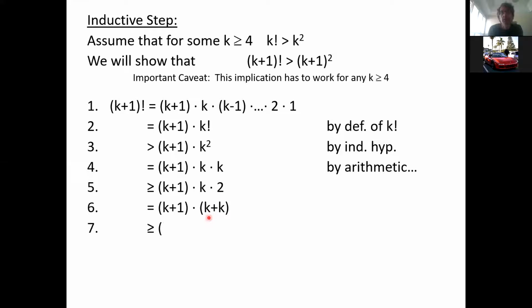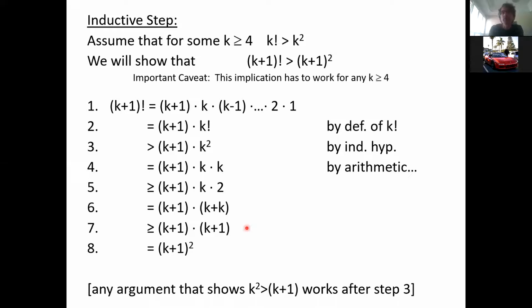And of course, k plus k is greater or equal than k plus 1, because k is greater or equal to 1, because k is greater or equal to 4. So if k is at least 4, then it's at least 1, just like we used here that k is at least 2. Yes? If k is at least 4, then it's at least 3, and it's also at least 2, and at least 1, and at least 0, and anything smaller than 4. And this is k squared. Okay?